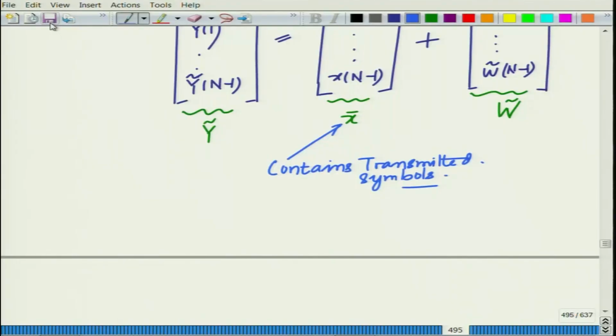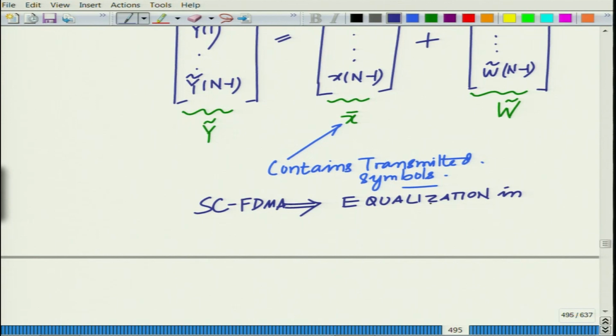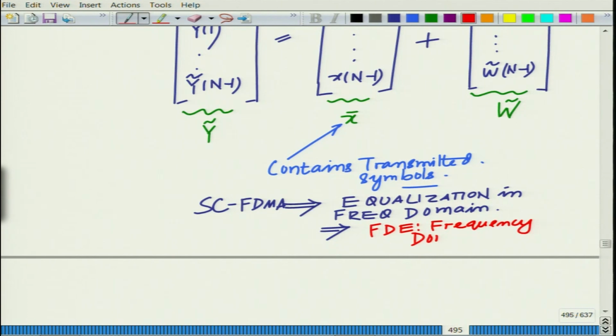Although it is not exactly the same thing, in SC-FDMA equalization is being done in the frequency domain, so this is often referred to as FDE, frequency domain equalizer.